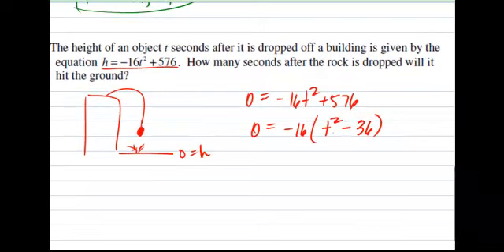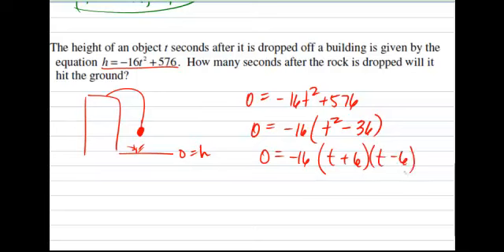And I know that this t squared minus 36 is going to factor into t plus 6, t minus 6. So we can basically divide off this negative 16 or just drop it. It just ends up dropping off. So I'm left with 0 is equal to t plus 6 and 0 is equal to t minus 6.